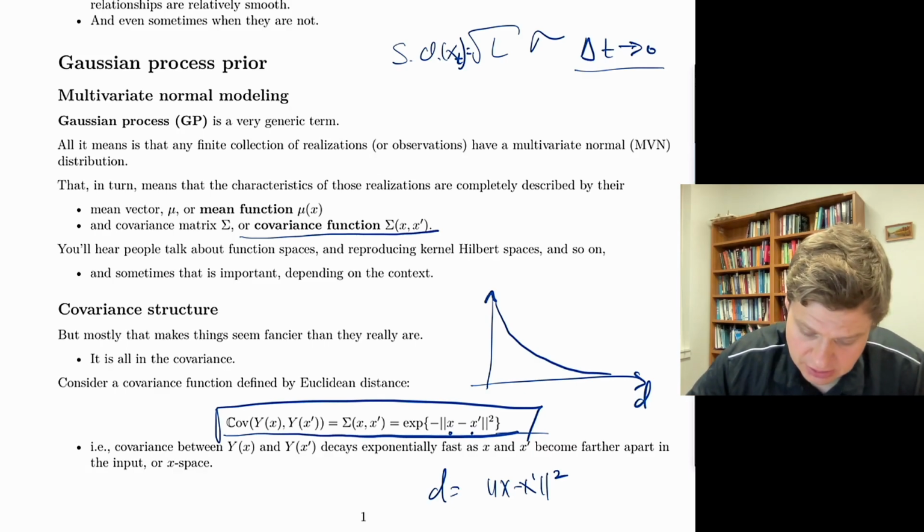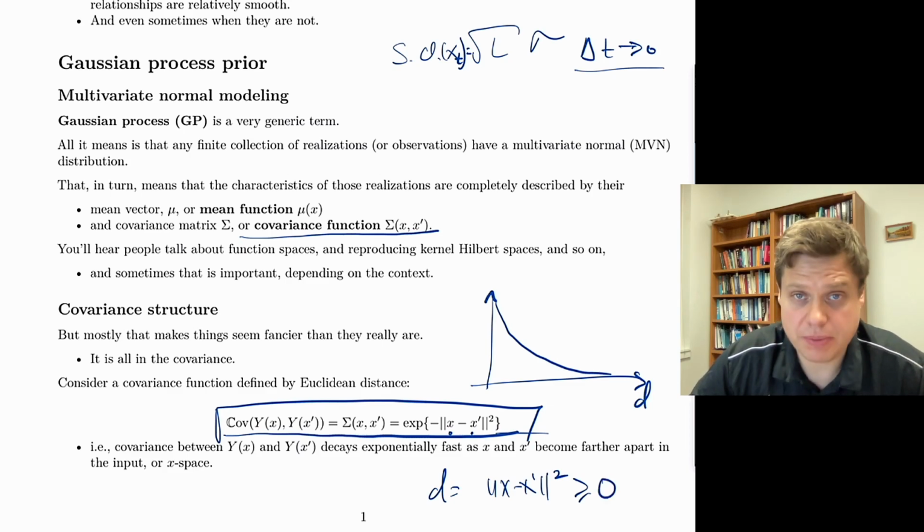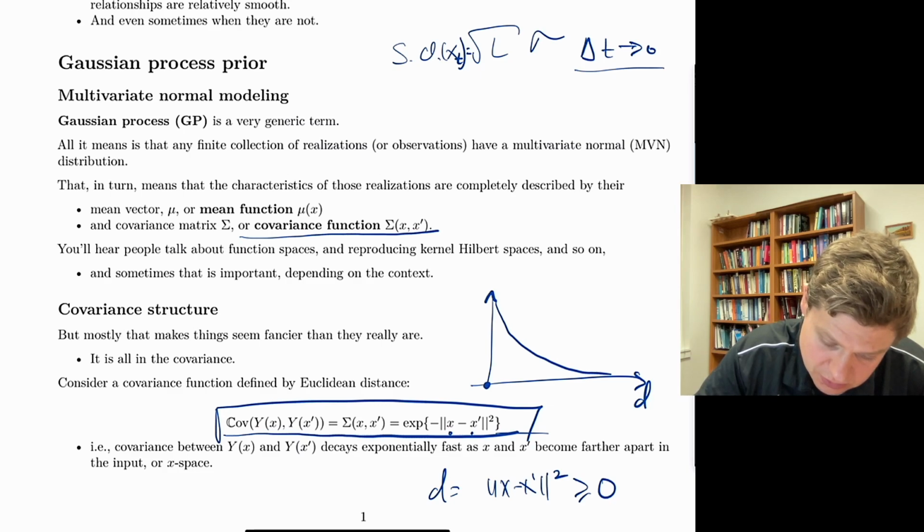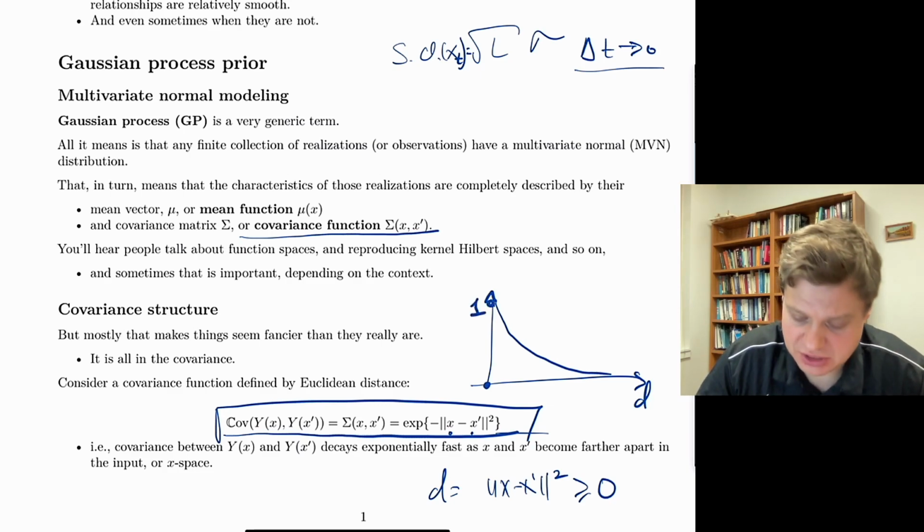Since the distance is a non-negative number, at 0 the covariance is actually going to take a value of 1, so that's going to be the largest value.